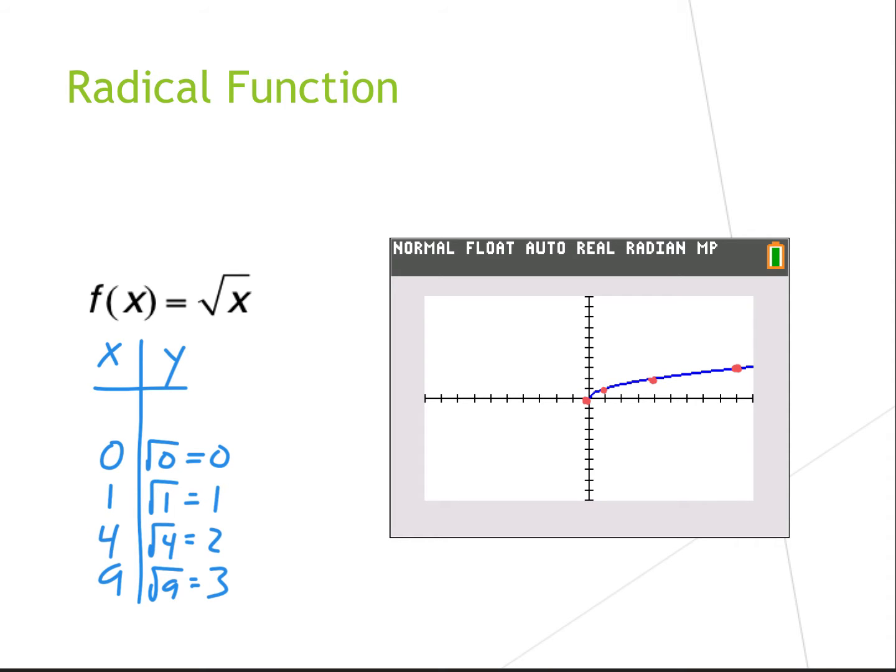Notice that it does stop, though. It never stops going in this direction over to the right, but it does stop when it gets to the origin. What would happen if I plug in a negative number? If I plugged in a -1, the square root of -1 is undefined, at least in terms of real numbers. On an XY graph, we can't fit it on there. In your calculator, this is going to give you an error. So it stops at 0.